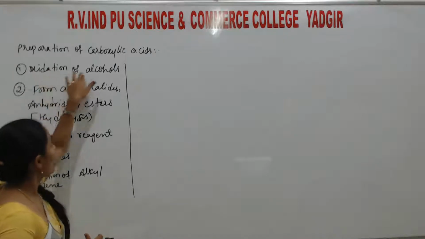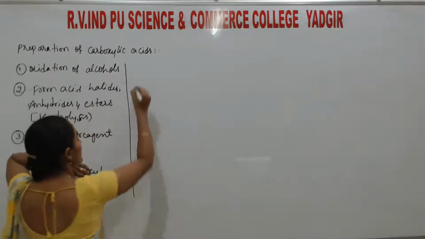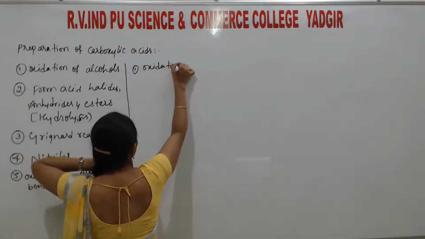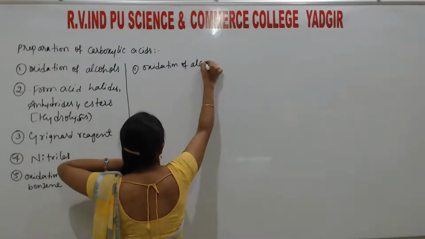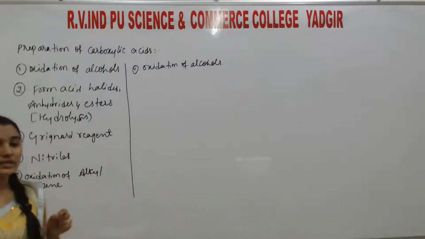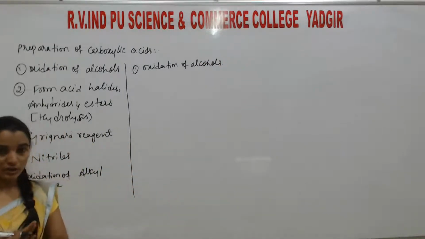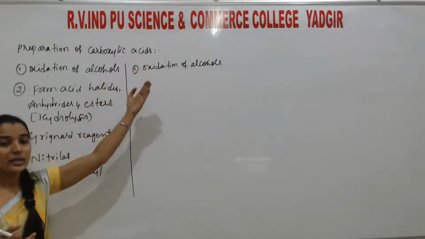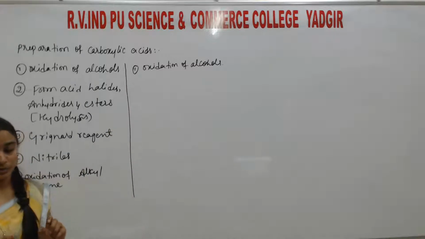So first one, the oxidation of alcohols. Students remember, in alcohols OH is the functional group, and from OH we have to convert into the carboxylic acid COOH group. Understand?